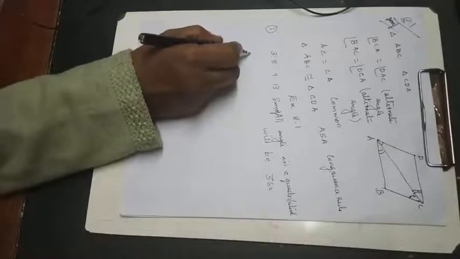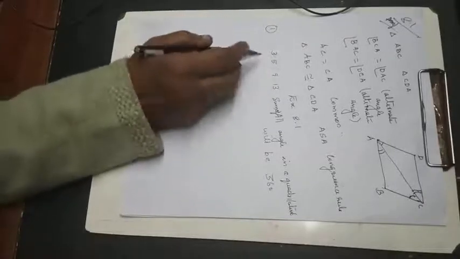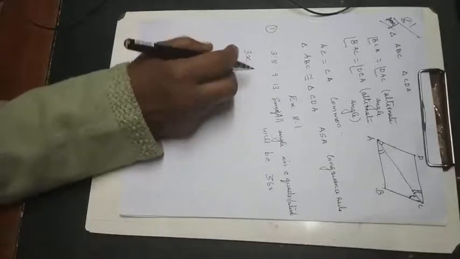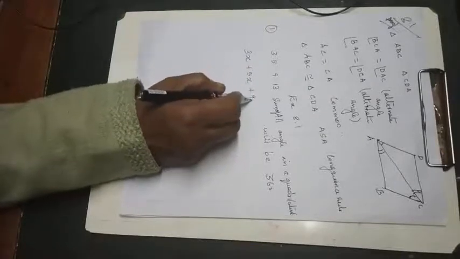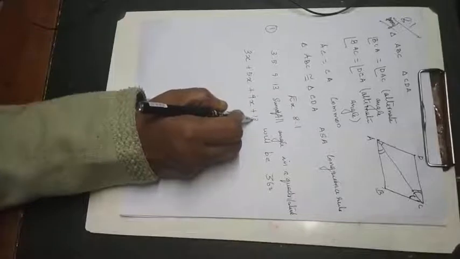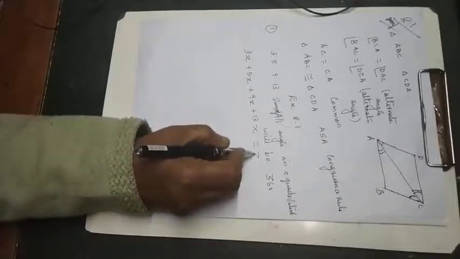Since it is given as a ratio, let us take the angles as 3x, 5x, 9x and 13x, and their sum equals 360.